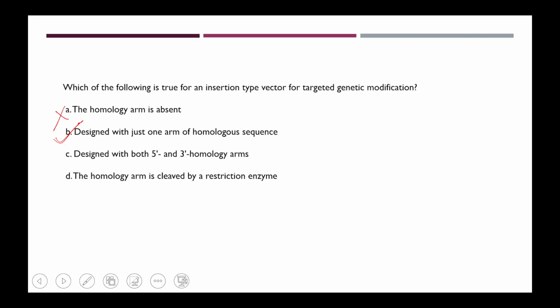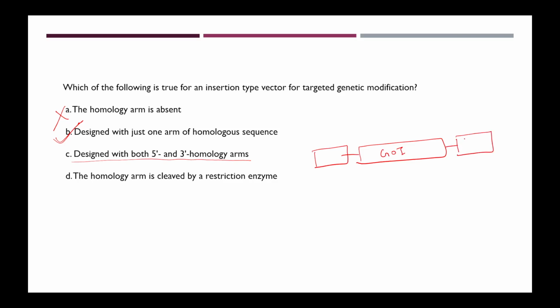Okay, so the next option: designed with both 5' and 3' homology arms. Is it correct for the insertion type vector? 5' and 3' means, we know, in the DNA sequence, the DNA is from 5' to 3', right?